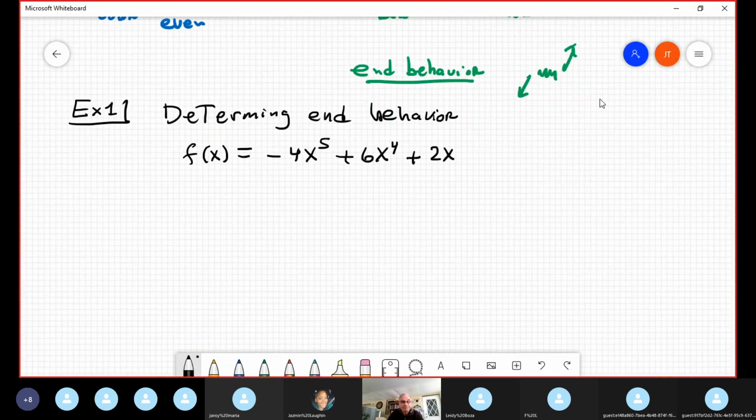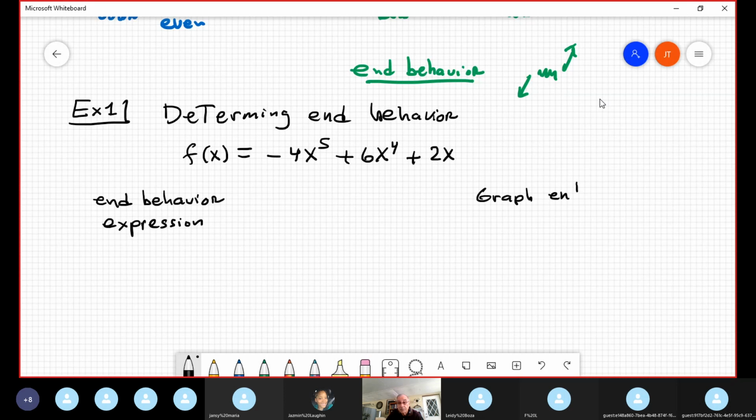Okay, number 1 is to find the end behavior expression. And number 2 is graph the end behavior, to have some roughly idea how the graph of this polynomial looks like.